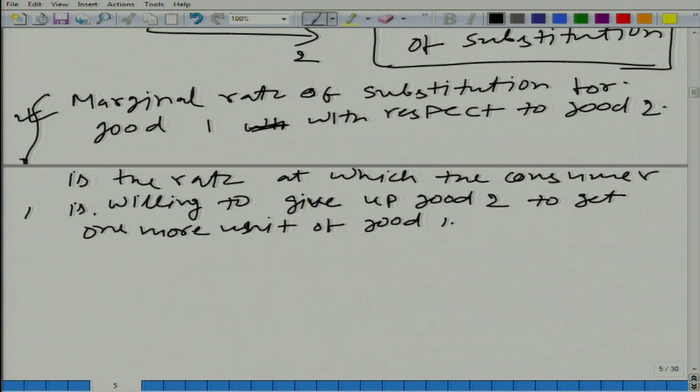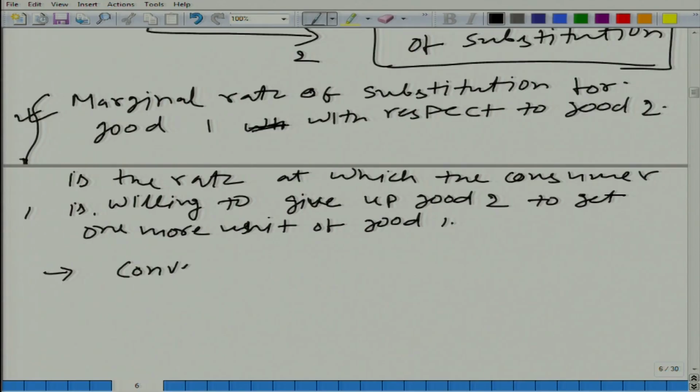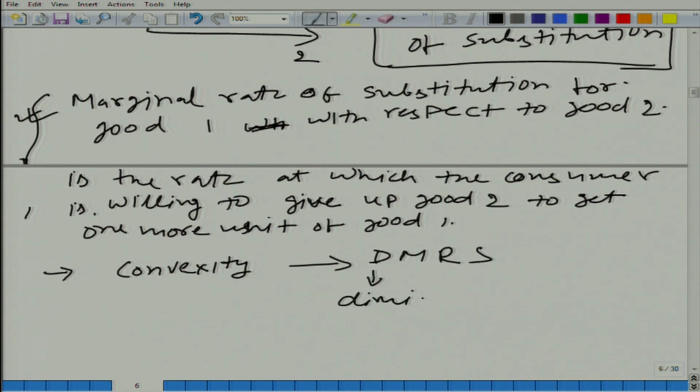So, the marginal rate of substitution is very clear to you. Now, what we are saying is, whenever we have diminishing marginal rate of substitution, then the preference would exhibit convexity. So, convexity implies DMRS. D is short for diminishing, decreasing.